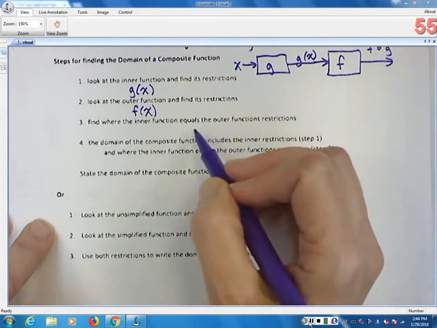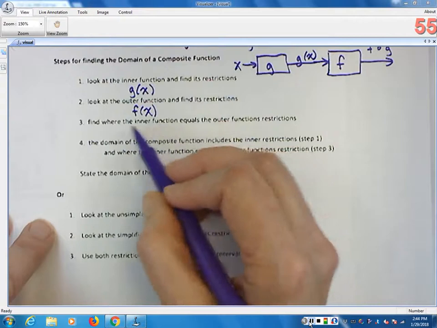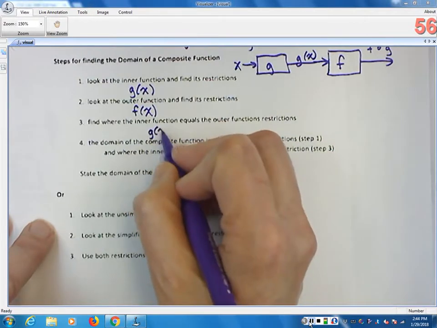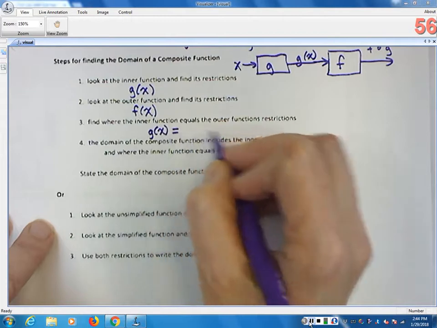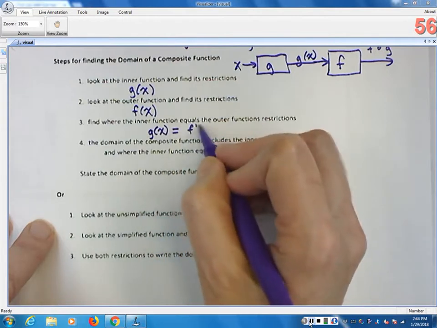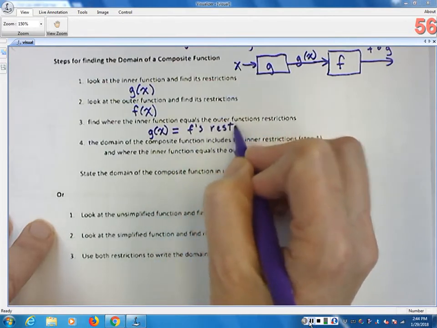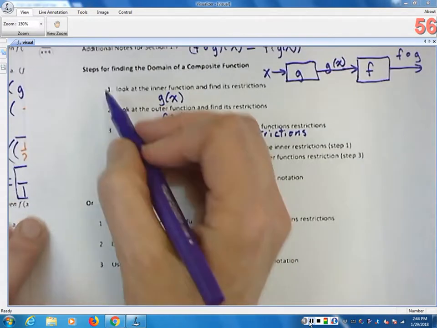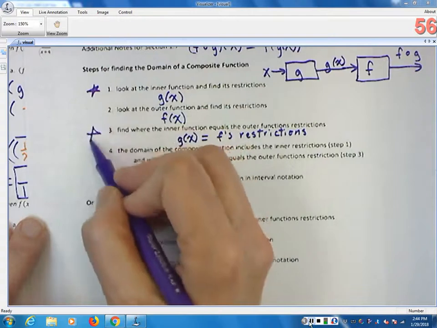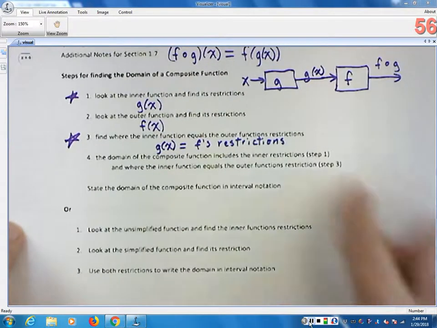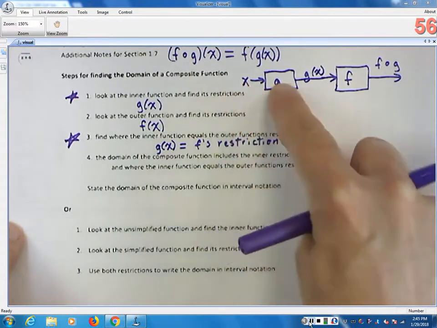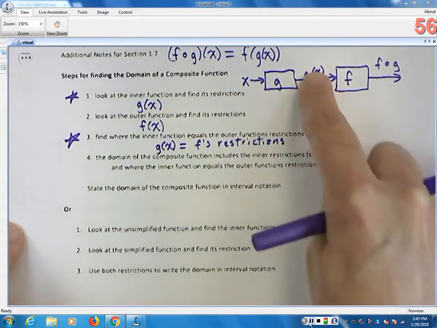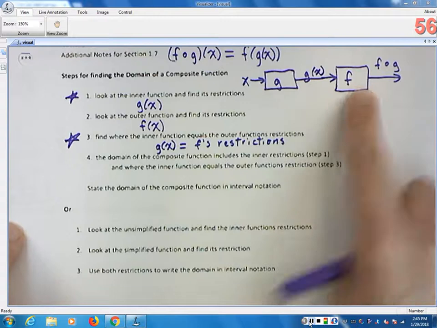You have to find where the inner function, g of x, equals f's restrictions. And then the domain will be taken from steps 1 and 3. You have to restrict the domain to x going into g of x and g of x going into f. So this is one way to do it.